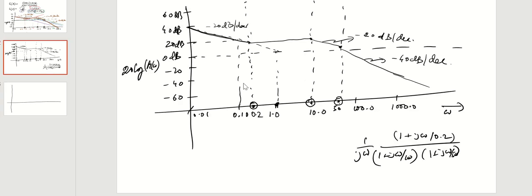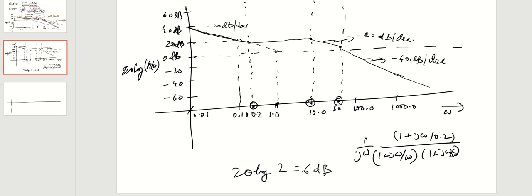So now we have space and we can show it more elaborately. Okay, one thing that I forgot to mention is that we have still not accounted for the k, the constant term, which is 20 log 2, equal to 6 dB.